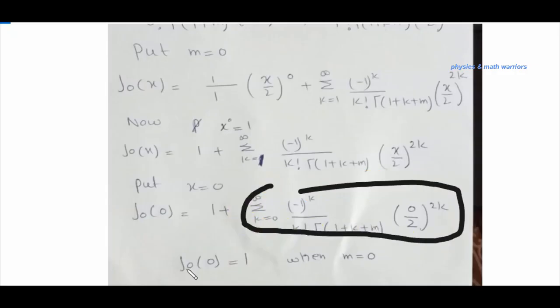So J 0 of 0 is equal to 1 when m is equal to 0, and for m greater than 0, J m of 0 is equal to 0.